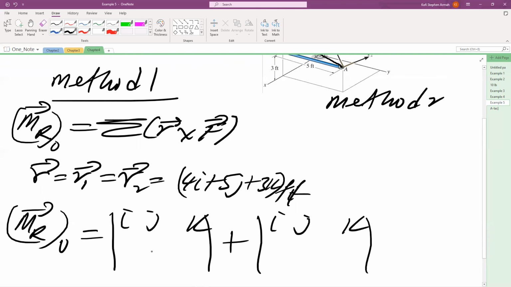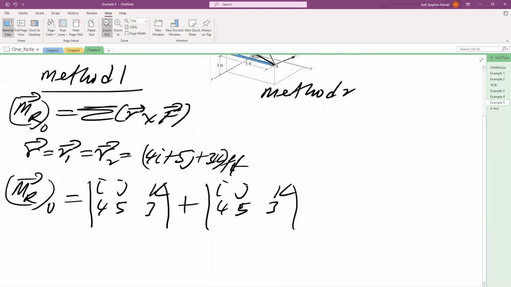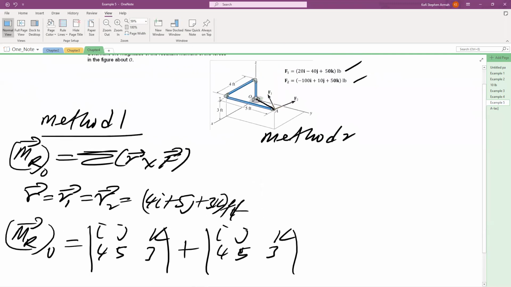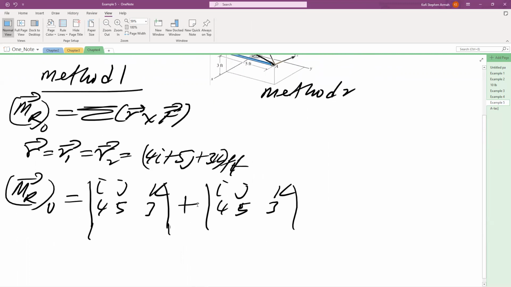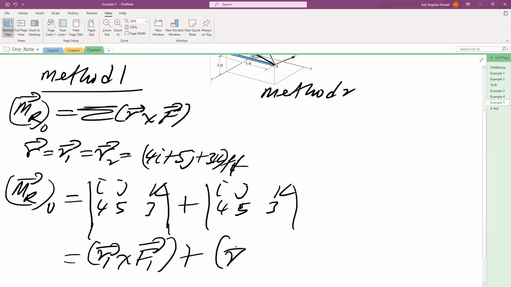You put the R here, the same R, so 4, 5, 3. Take note, what I'm using here is the concept of R1 cross F1 plus R2 cross F2.